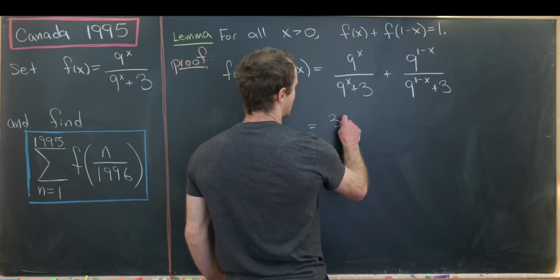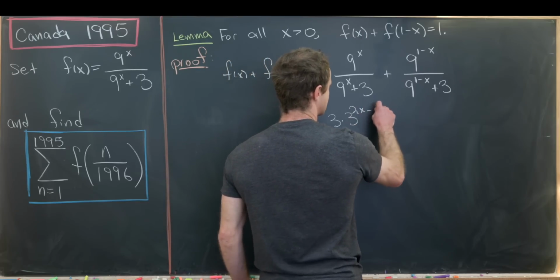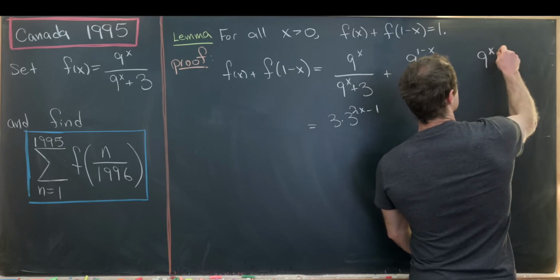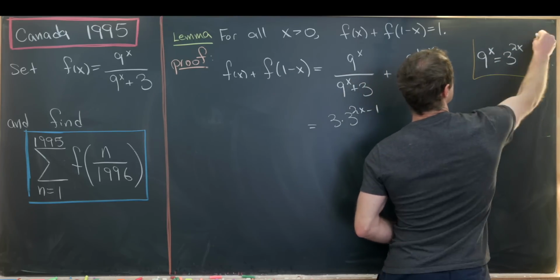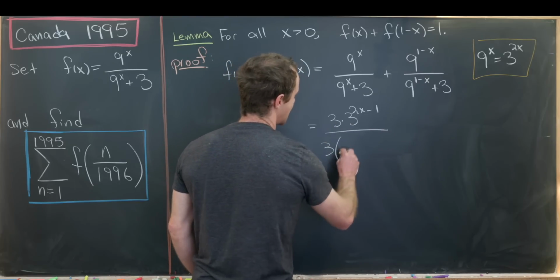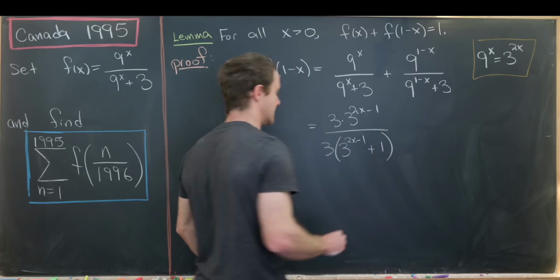So in the numerator, we'll have 3 times 3 to the 2x minus 1. Here we're obviously using that 9 to the x is the same thing as 3 to the 2x. And then in the denominator, we'll have 3 times 3 to the 2x minus 1 plus 1.